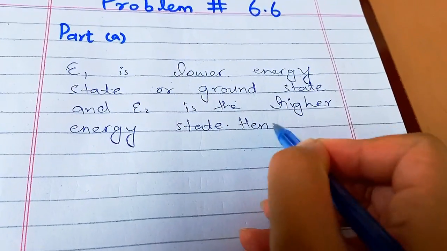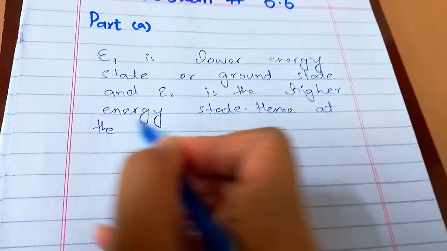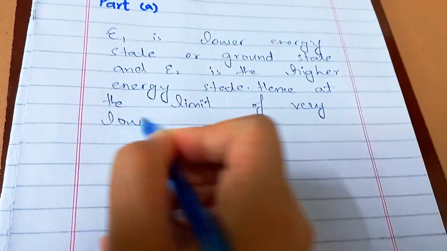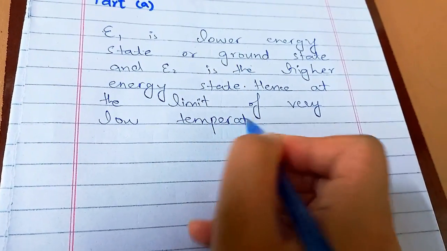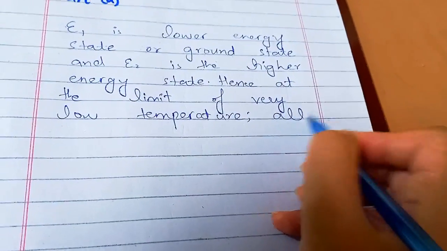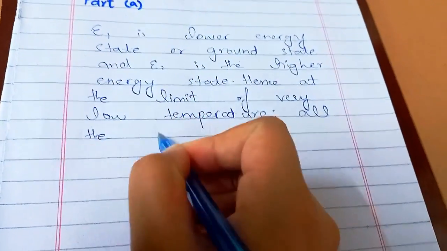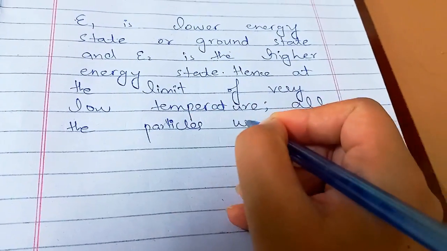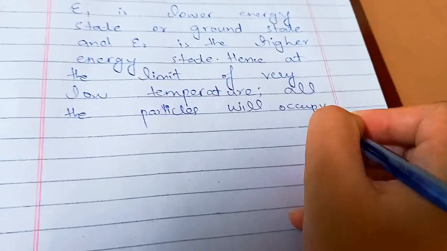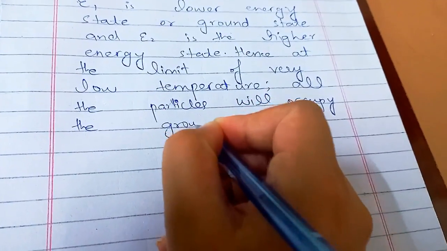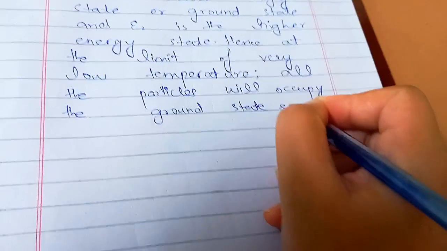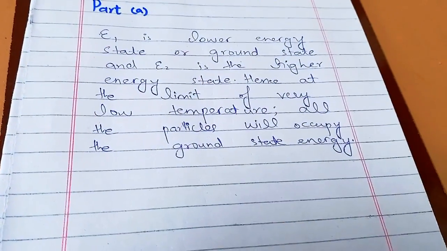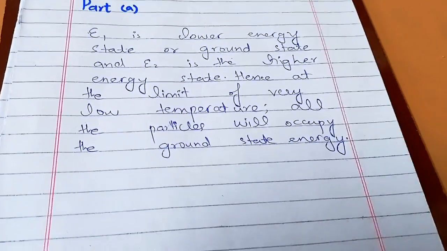Hence, at the limit of very low temperature, all the particles will occupy the ground state energy since they don't have enough thermal energy to occupy the higher states.